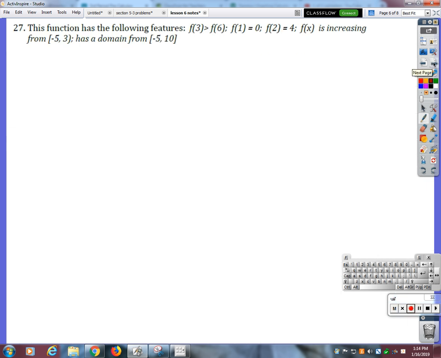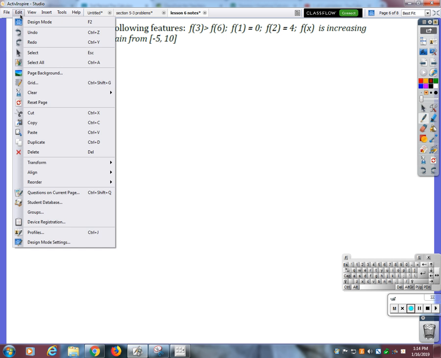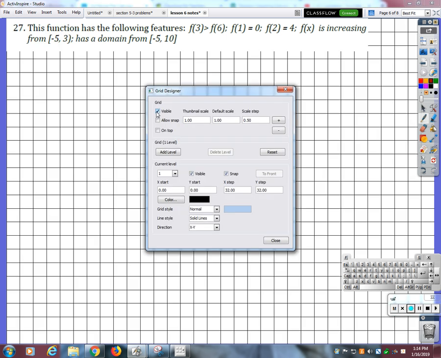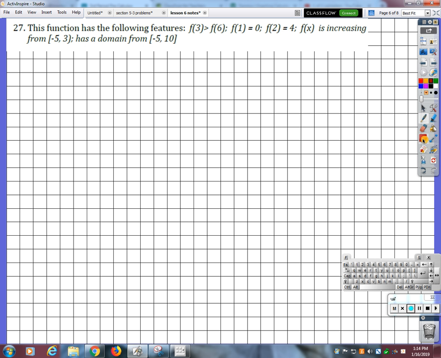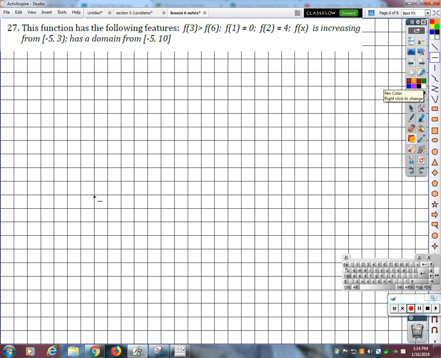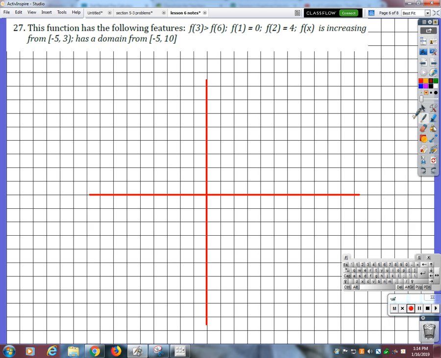All right. Next one. This function has the following features. So let's get a little graphing going. Okay, f of 3 is greater than f of 6.